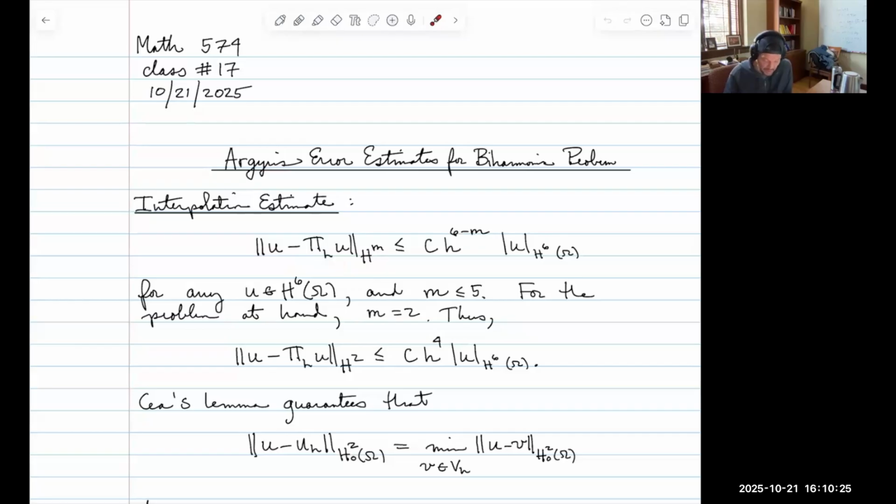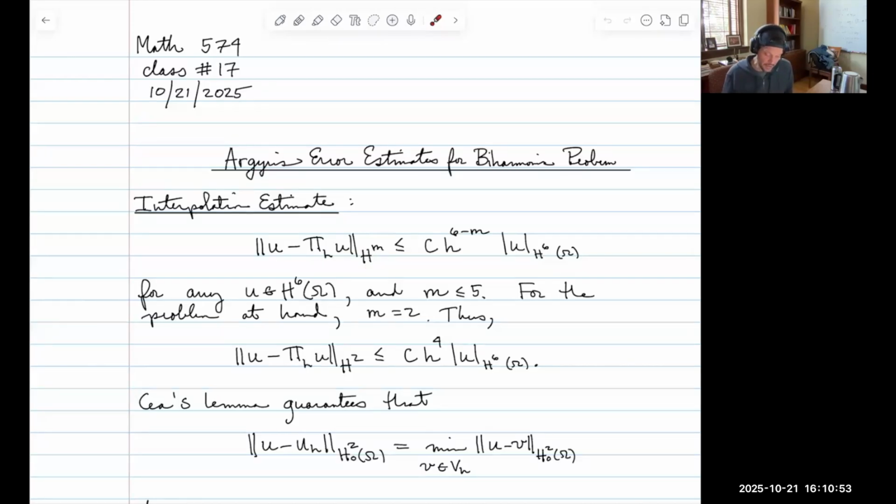This is again a projection, a way of putting a C2 function into the finite element space of piecewise polynomials of degree 5, such that the whole thing is globally a C1 function. I'm going to measure the difference. That's called the error in the norm Hm.